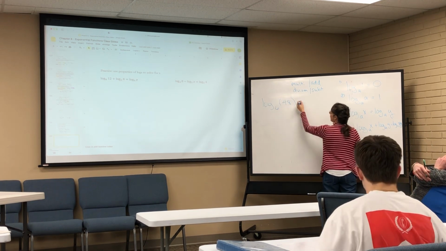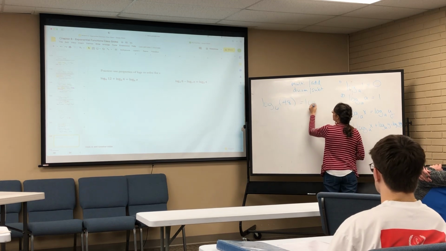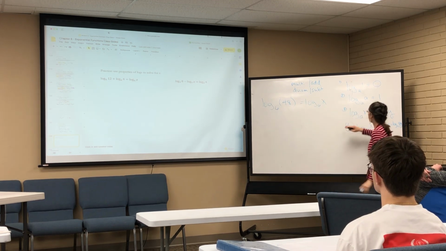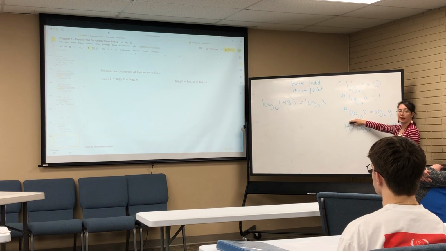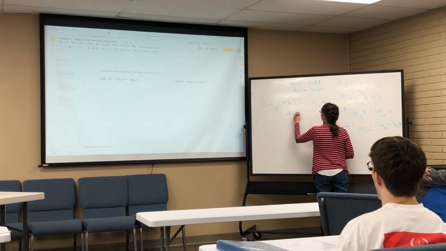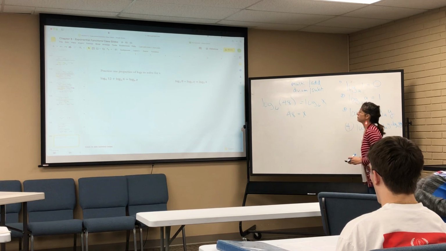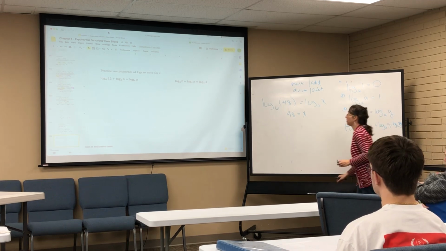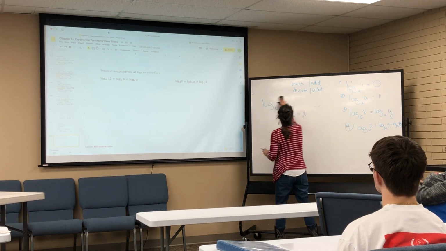Excellent. Is now equal to log 6 of x. According to rule number 3, when my bases match, then my equivalent values have to match. So what is x equal to? 48. 48 equals x.